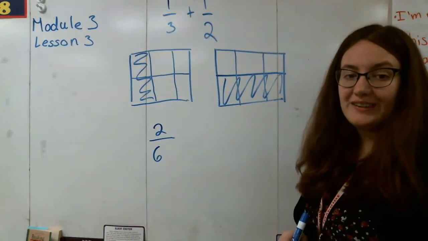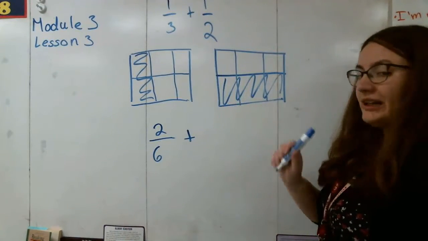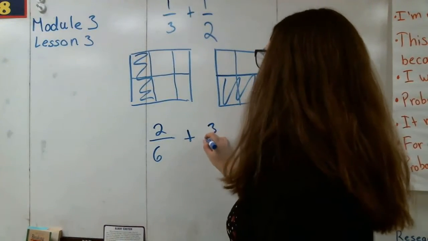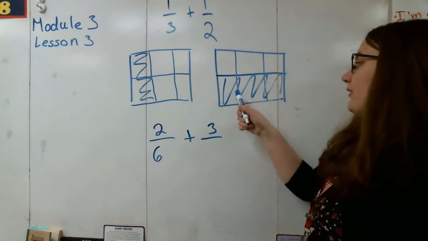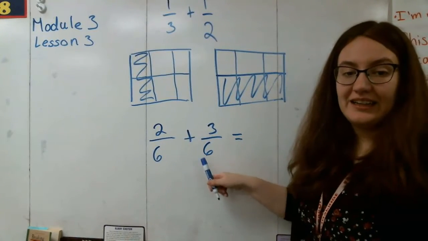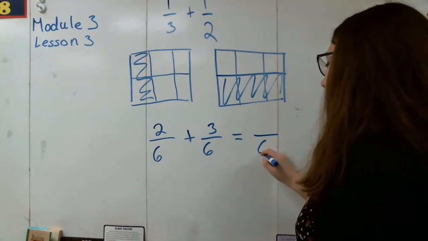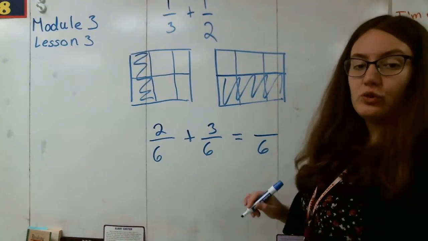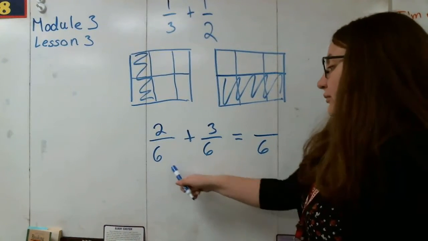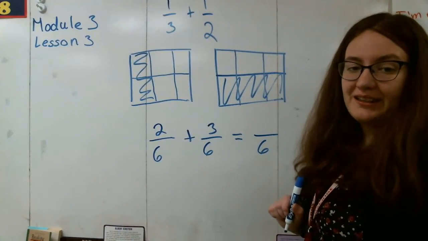So I have 2/6, plus, I now have 1, 2, 3 parts shaded out of 1, 2, 3, 4, 5, 6 total parts. My denominator is the same, so I can add my fractions. Remember, your denominator does not change when you add fractions, so make sure you're not doing 6 plus 6 because that would be incorrect. It's just going to be 6.